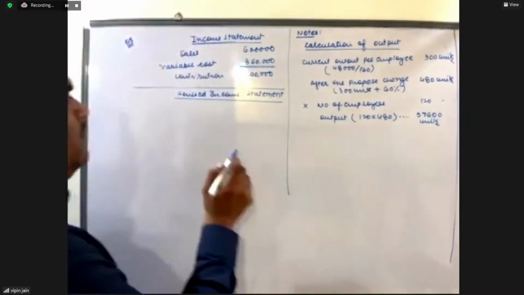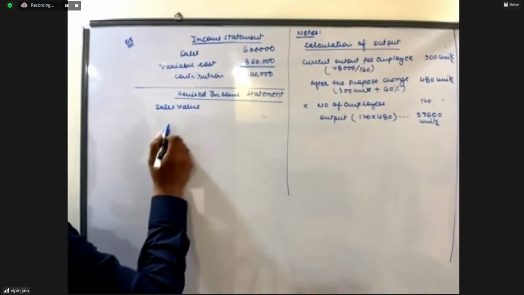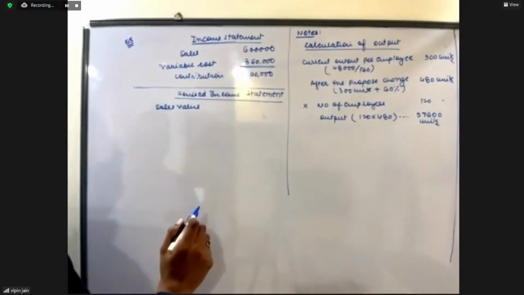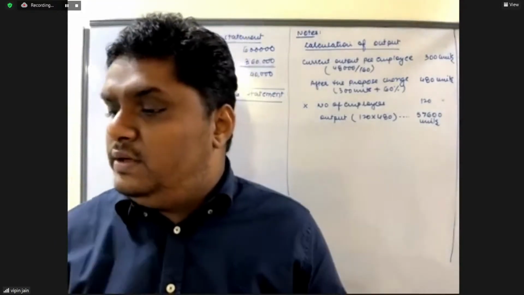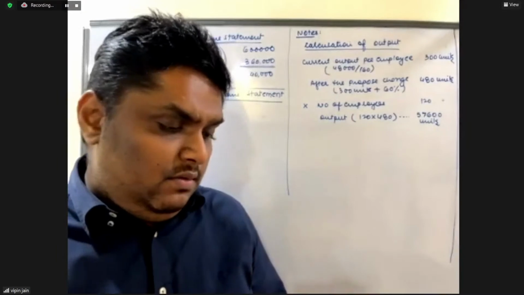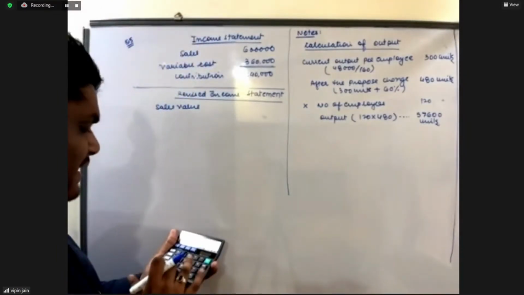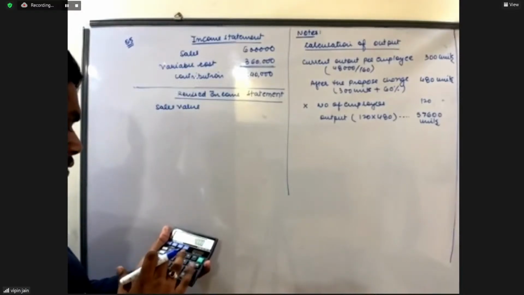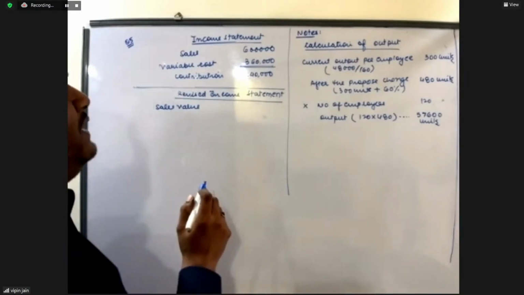Now we can calculate the sales value. The selling price per unit will be 6 lakh divided by 48,000. So 6 lakh is the selling price for 48,000 units, and for 57,600 units my selling price will be 7,20,000.